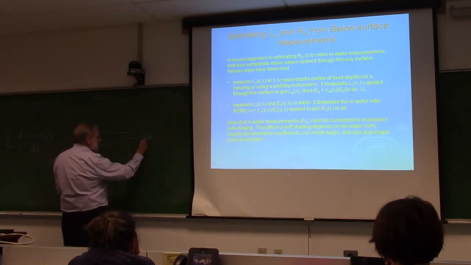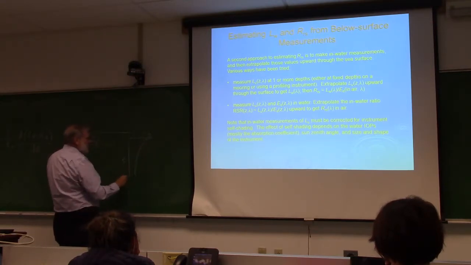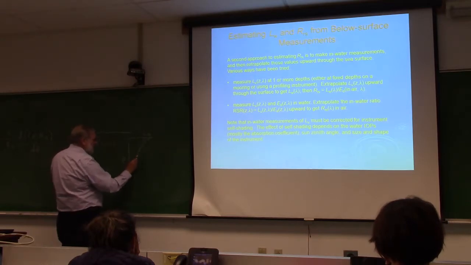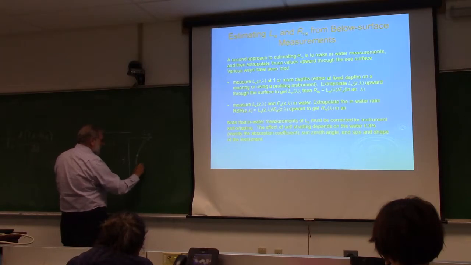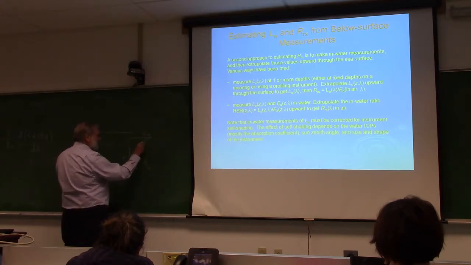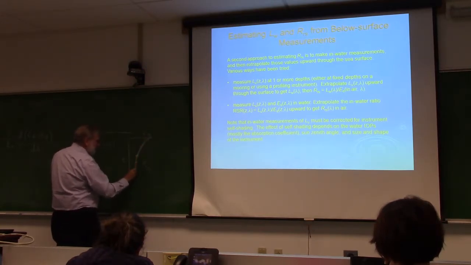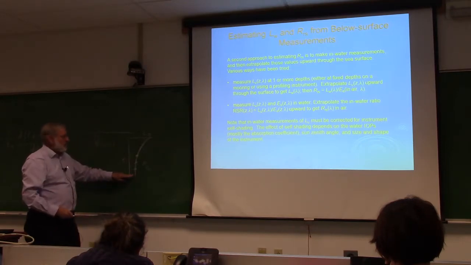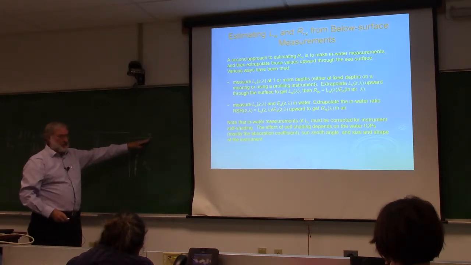Of course, in the real world this is noisy, and maybe you have to start down here, and then you can get a KLU, and use that and this little exponential function to extrapolate from down here, where there wasn't too much noise, back to just below the surface.